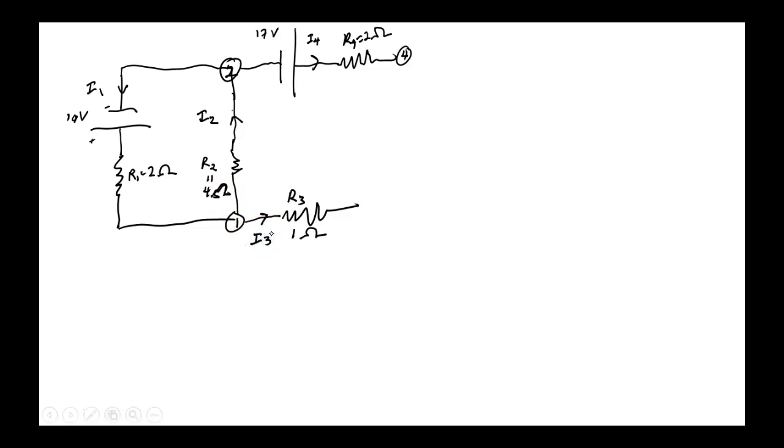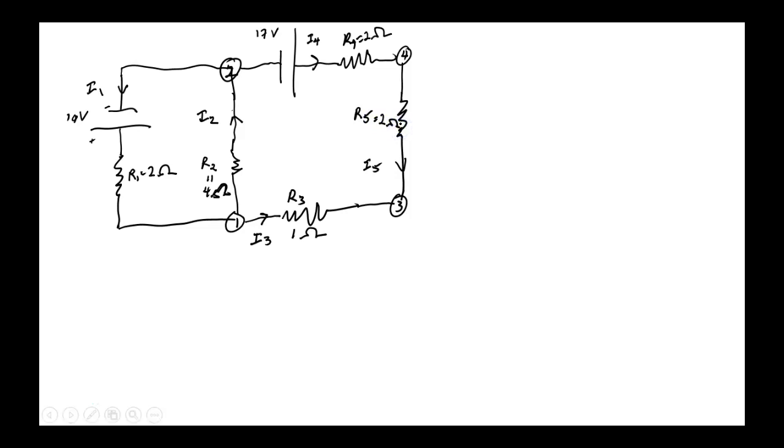That's what made I4 up there. This runs into node number 3, or junction 3. And coming down from 4, we hit another resistor, and the current coming through here is I5. The resistor here is R5, and that R5 is going to be 2 ohms.